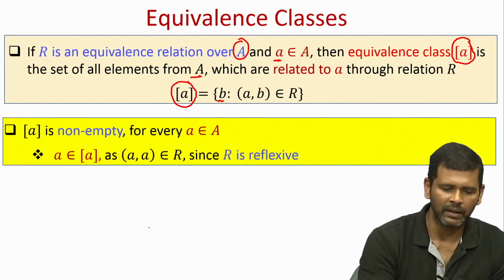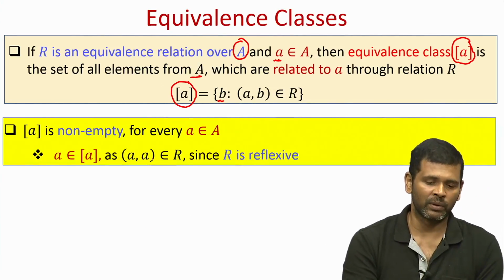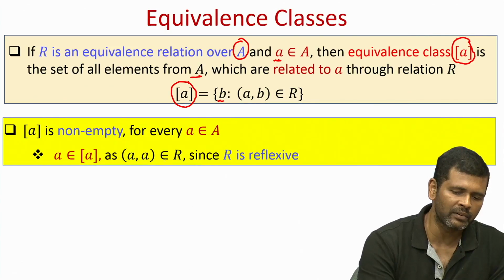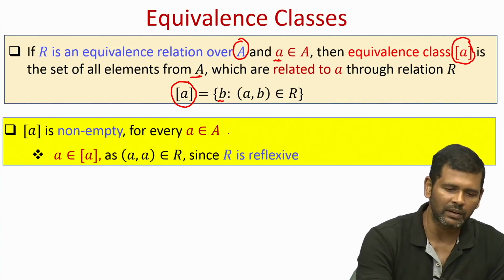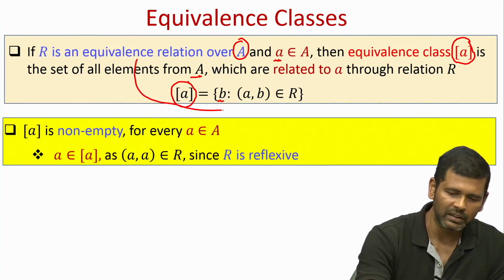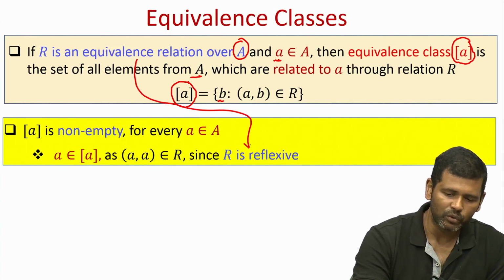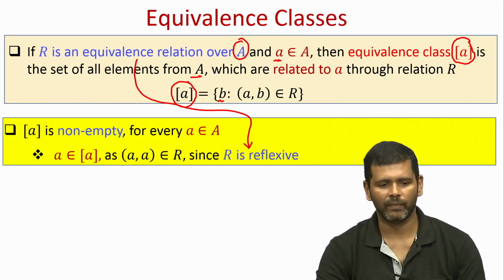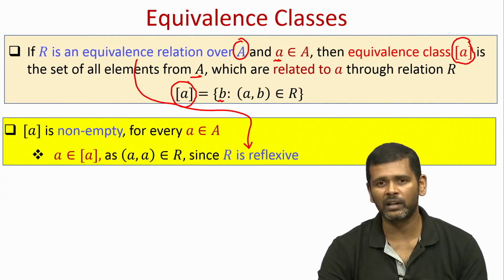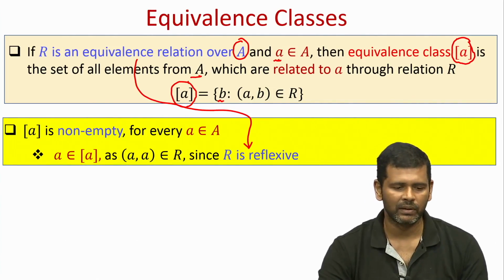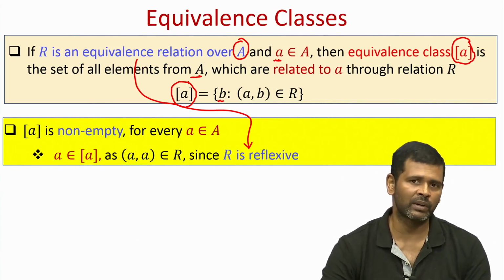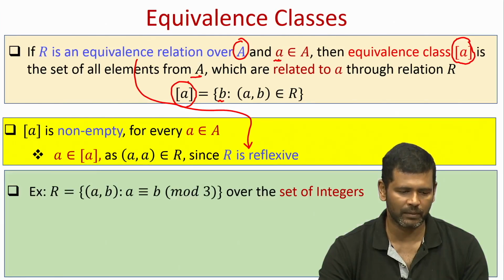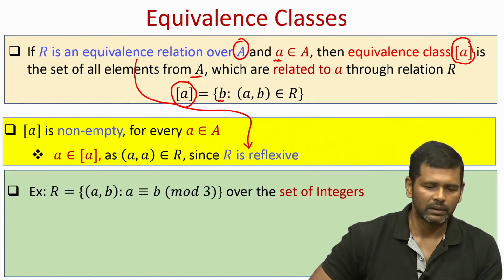The element A will always be present in its equivalence class, because the relation R is an equivalence relation, and since it is an equivalence relation, it is reflexive. If it is reflexive, every element A is related to itself. So, the element A will always be present in its equivalence class, and hence the equivalence class of A will never be an empty set. Okay.